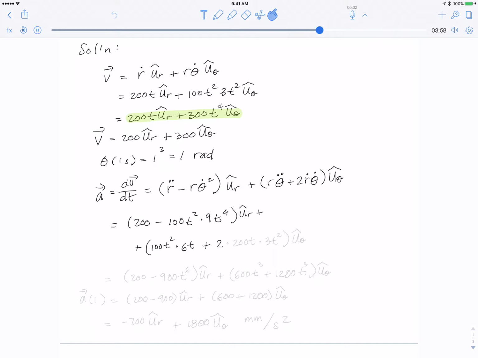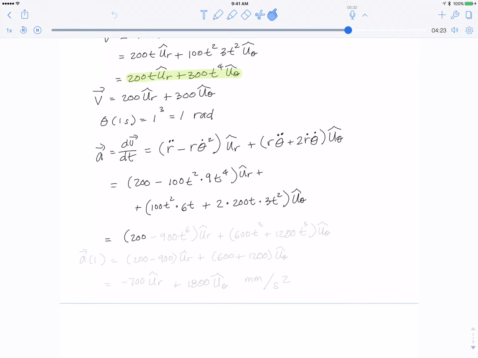Plus 2, the first derivative of r is 200t, and the first derivative of theta is 3t squared. Okay, so simplifying this a bit, it's 200 minus 900t to the sixth.